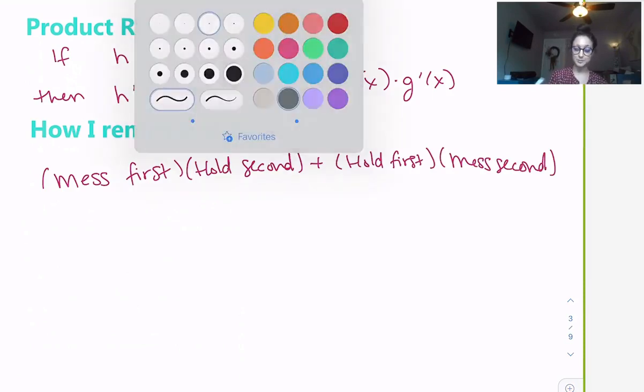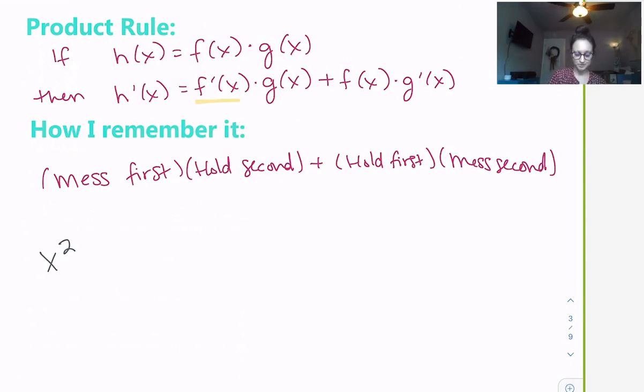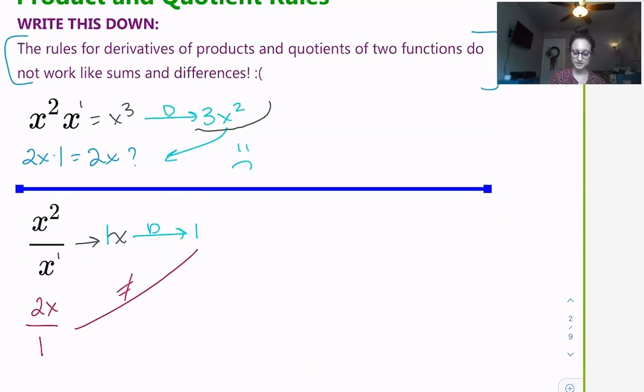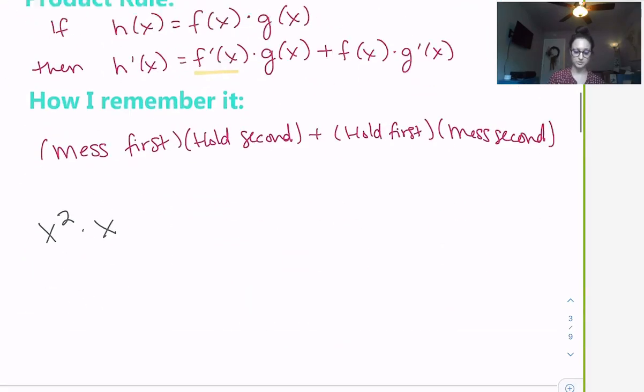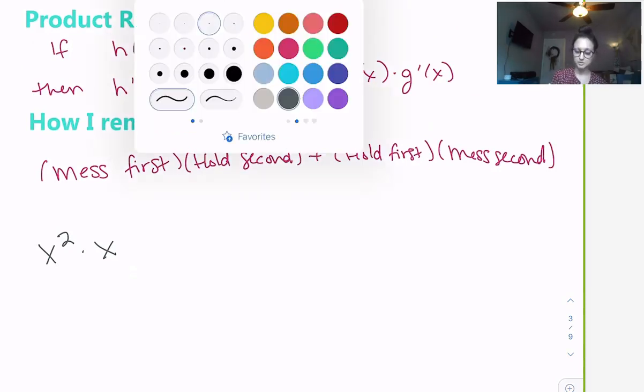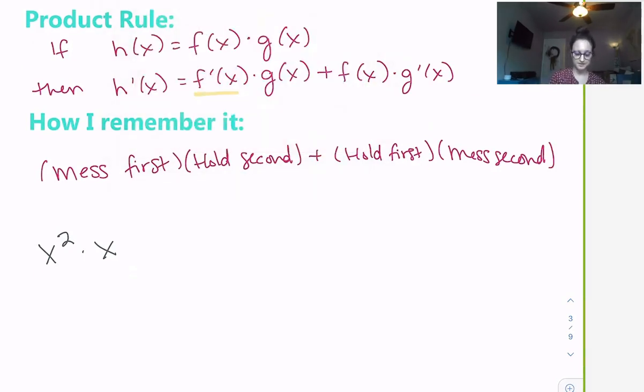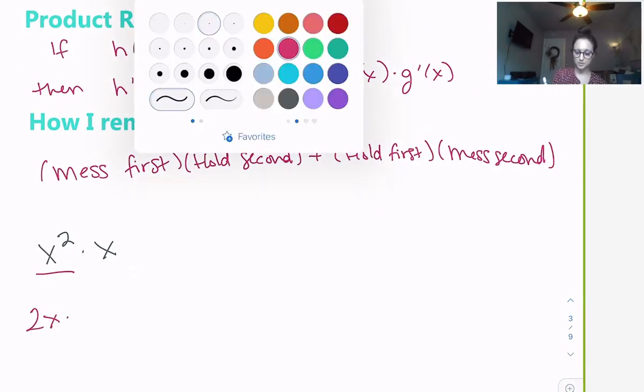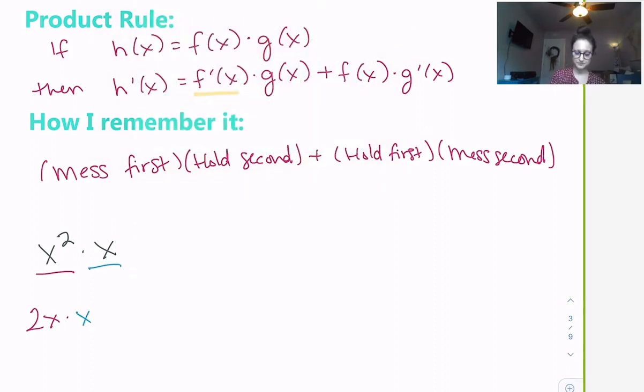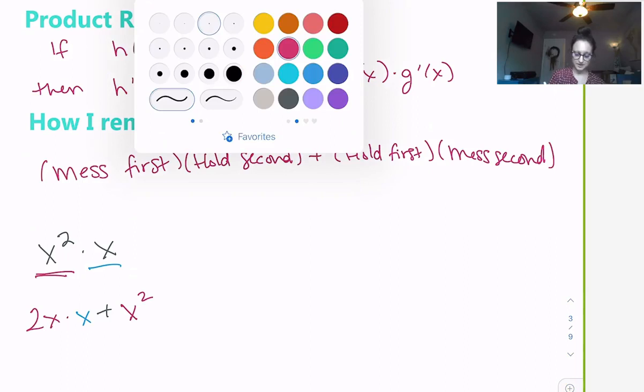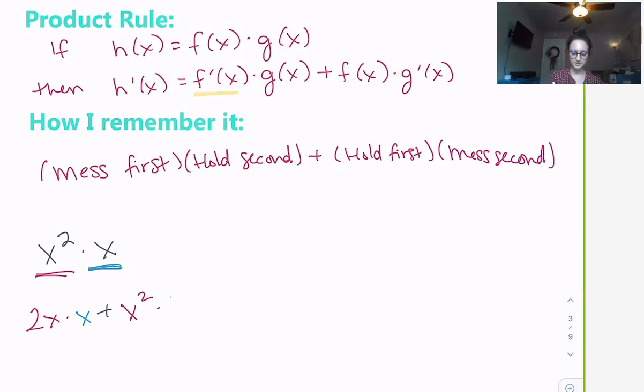So let's take a look at that previous one we had. We had x squared times x, right? And if I come back here, we should get 3x squared as the correct derivative, okay? Well, let's try applying product rule to it. So mess the first, I would get 2x times, hold the second, x, okay, then plus, hold the first, x squared, times, mess or derive the second, which is 1.